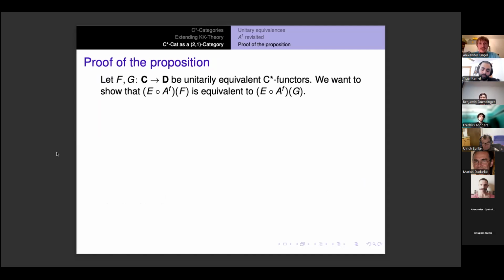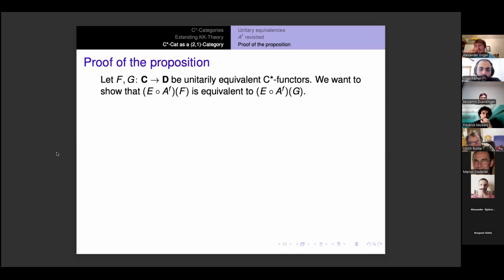So let F and G be these unitarily equivalent C-star functors, and we want to show that AF of F is equivalent to AF of G. The idea to do this is basically to elaborate on the rotation trick that one uses for K-theory groups.